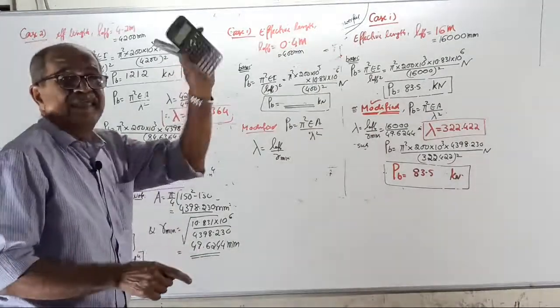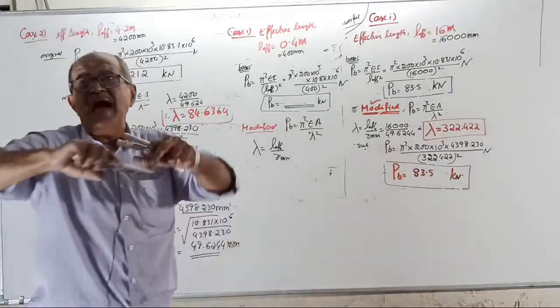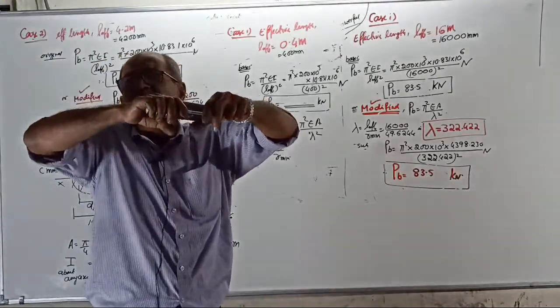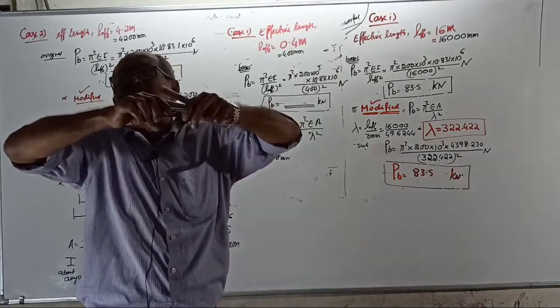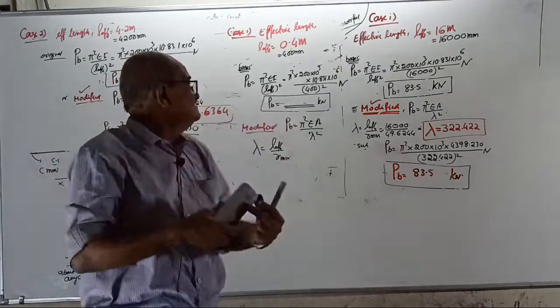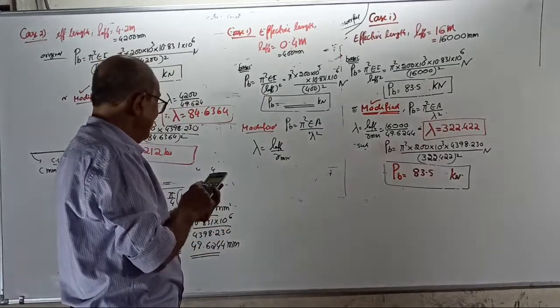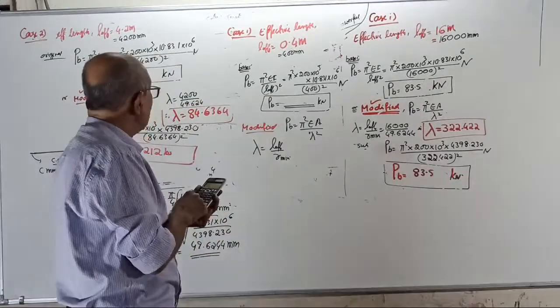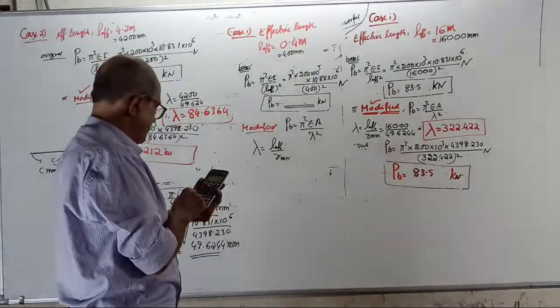Let me see. I will take my calculator now. If same answer comes, I am going to apply a bending moment of around, I will calculate, 20 kilogram meter. This will break then. Okay. Let me see. Pi square into 210 to the power 3 into 10.831 into 10 to the power 6 divided by 400 square.